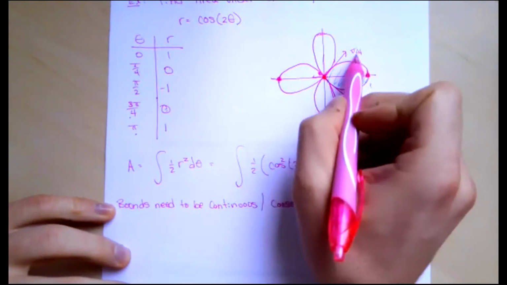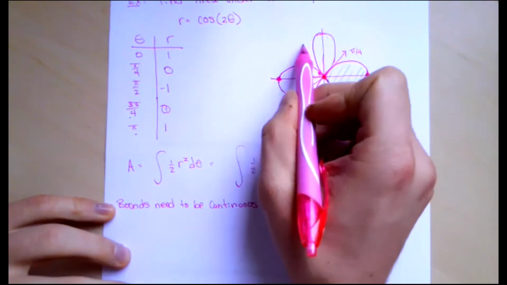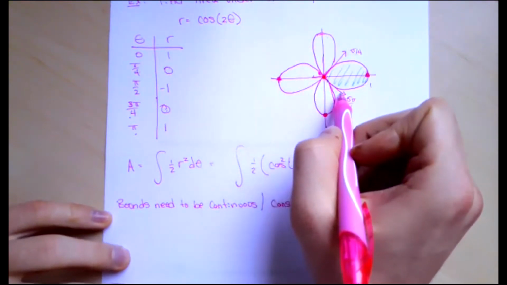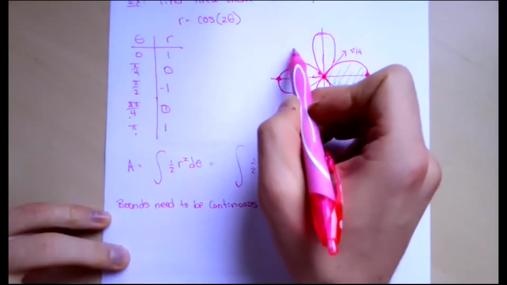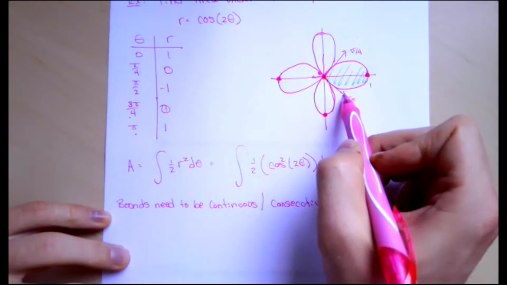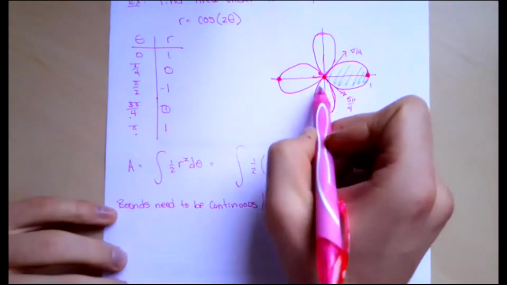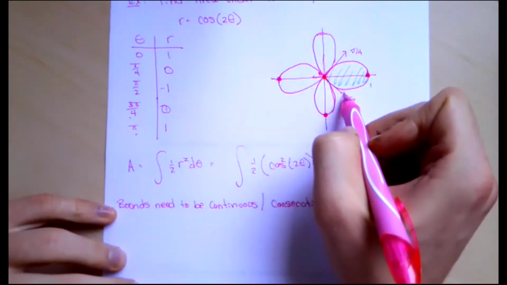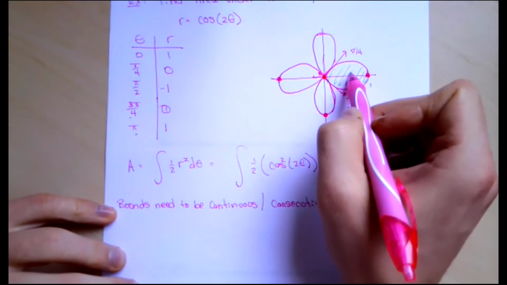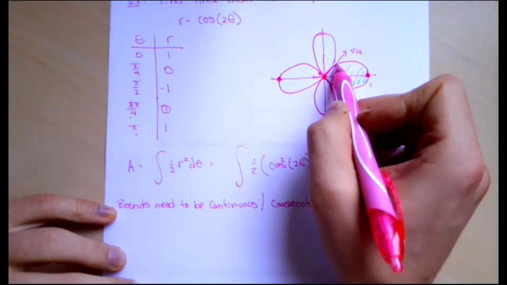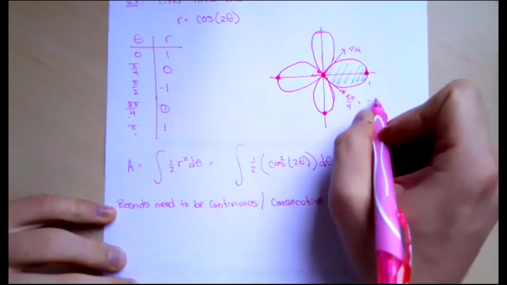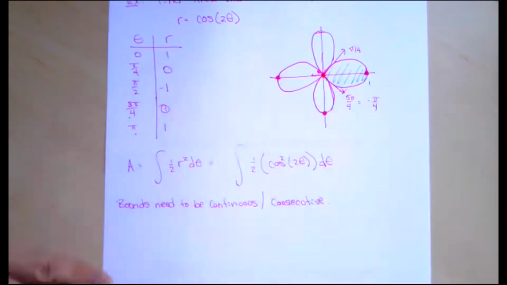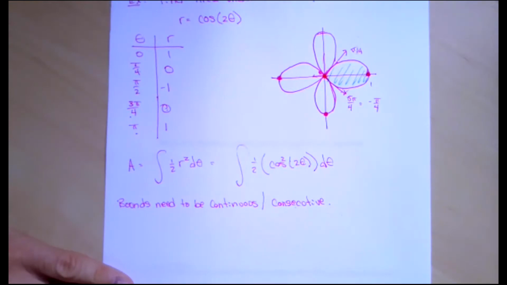But again, those aren't consecutive. I have to skip a bunch to go from pi over 4 to 5 pi over 4. This is what I mean by continuous and consecutive. We need to go around in the correct order of theta. So it would be helpful if I started down here, and as theta increases, I go up to this angle. So a better angle might be minus pi over 4.